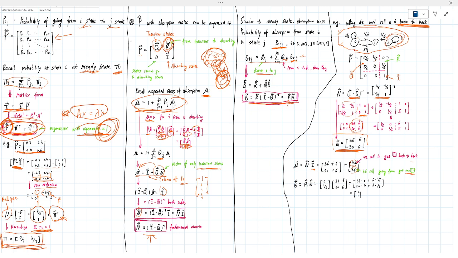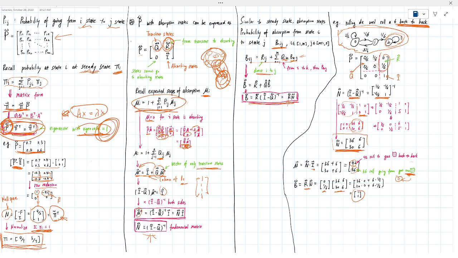It is not just 6 rolls because you will have some probability of going back to the zero state. And the probability of absorption from the different states is here, N multiplied by R, a matrix multiplication with 1, 1.